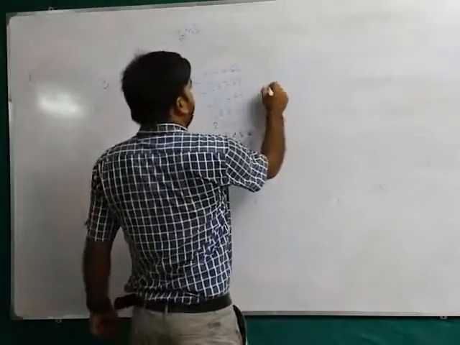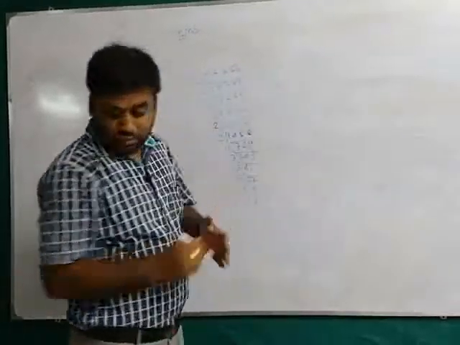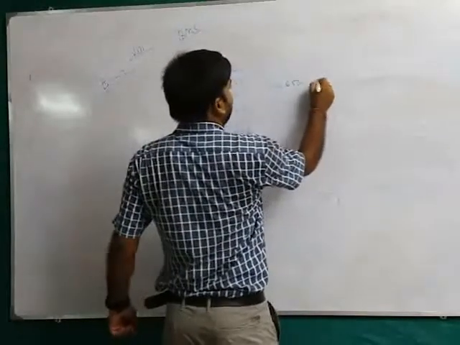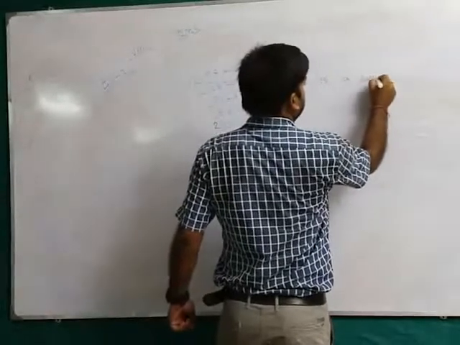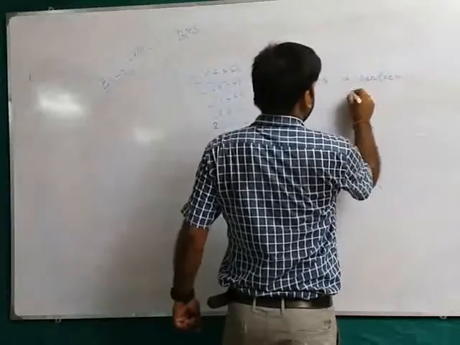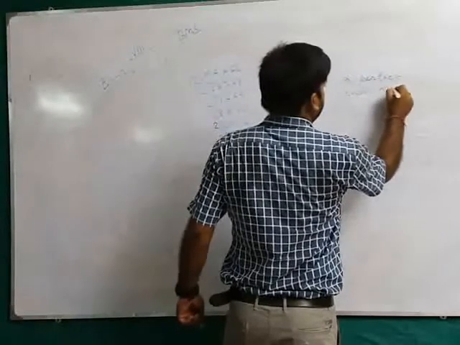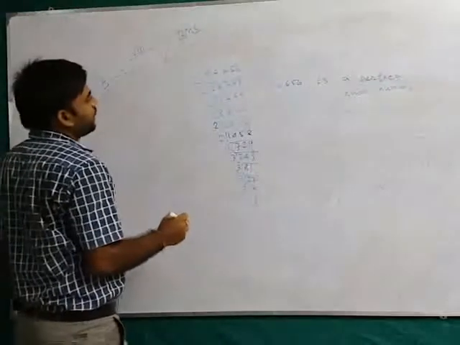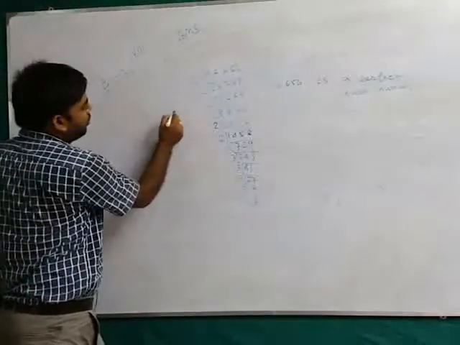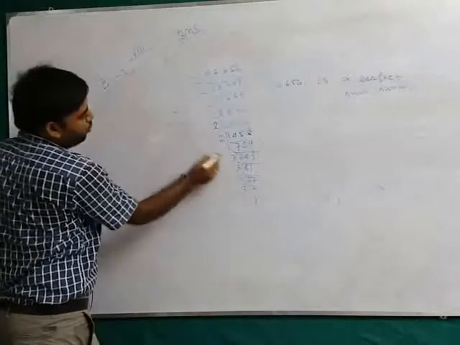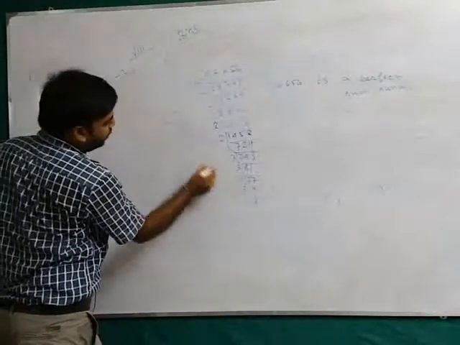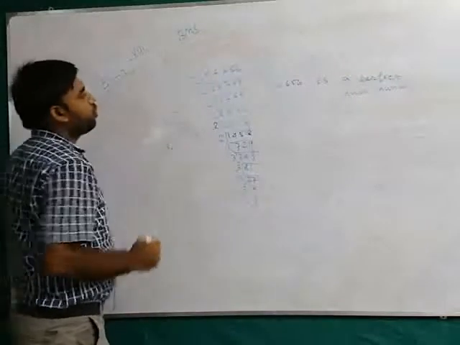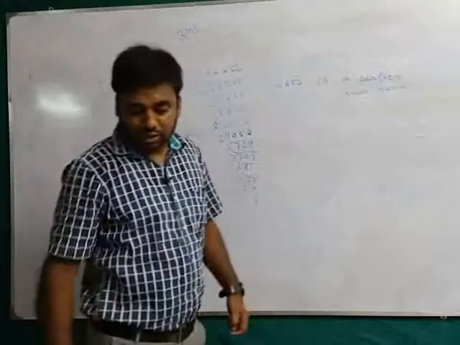So 46,656 is a perfect cube number, and the cube root of 46,656 is, from the triplets, 2, here 2, 3 and the last one 3. 2 into 2 is 4, 12, 36, so the cube root of 46,656 is 36.